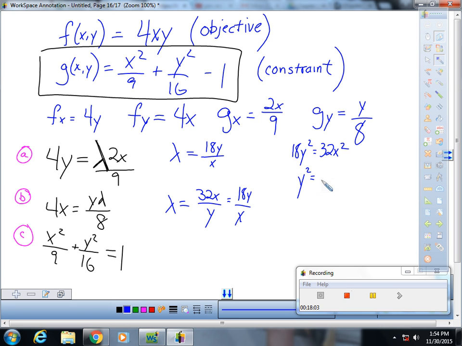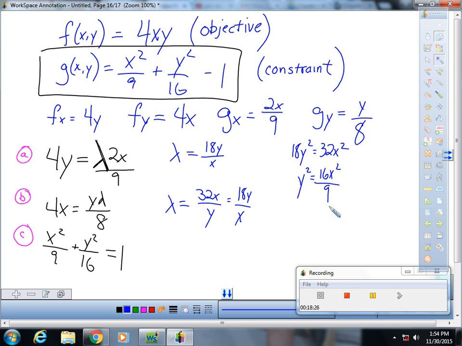Let's not solve that for y, because we're going to plug that in down here. Let's just solve it for y squared. You get y squared equals 32 over 18, so 16x squared over 9, thank you, sorry, I missed that part.